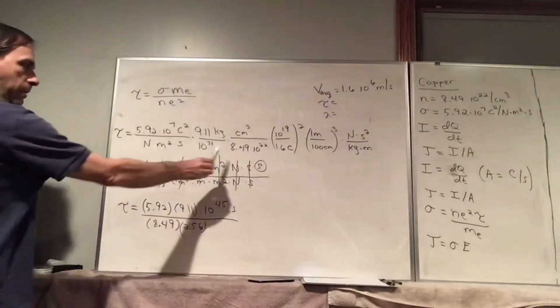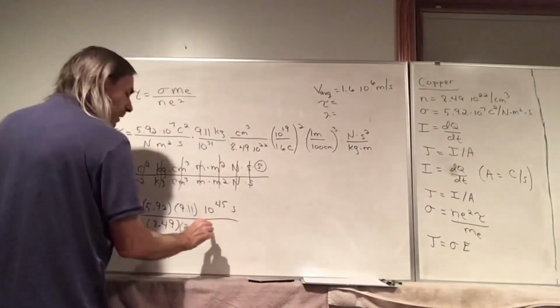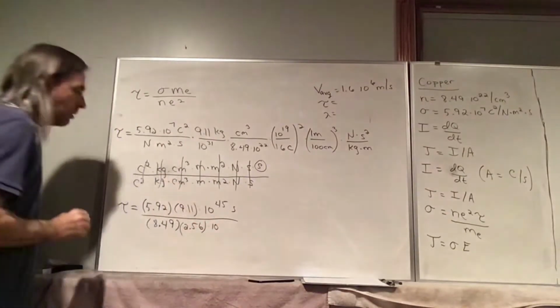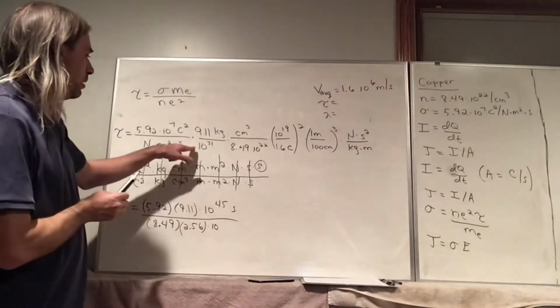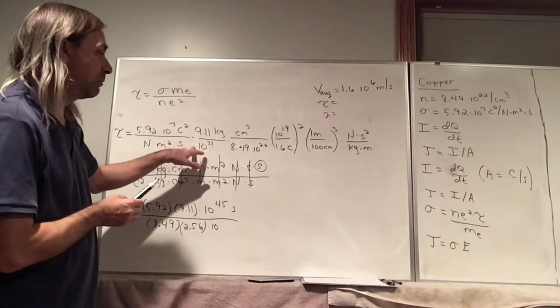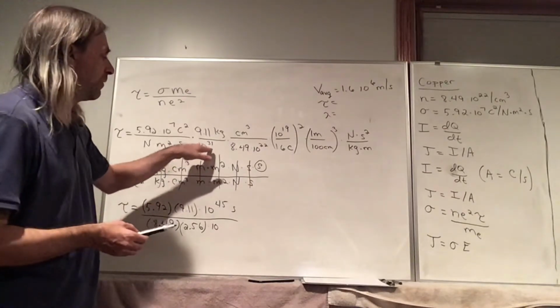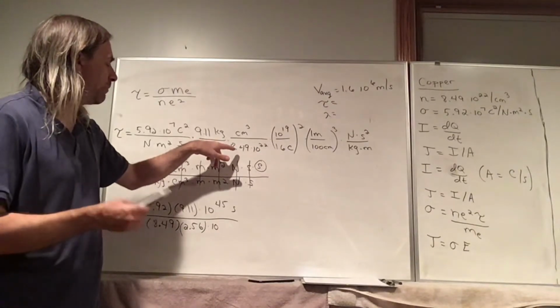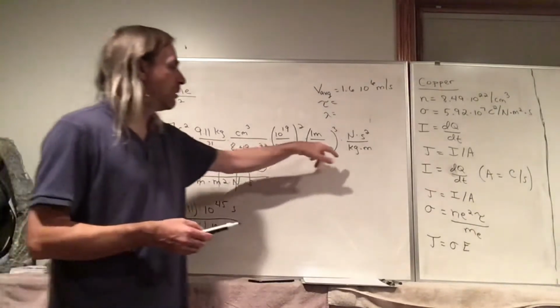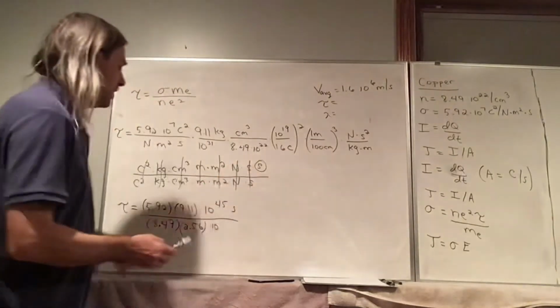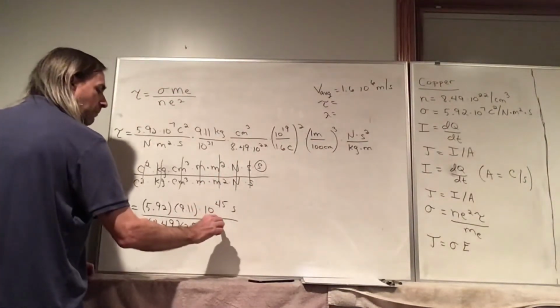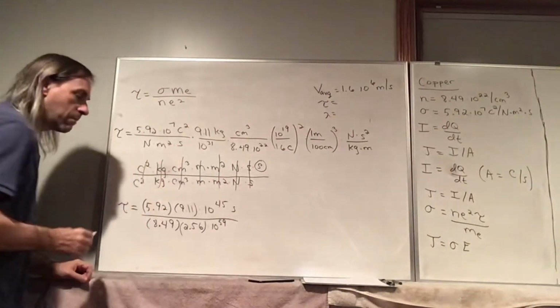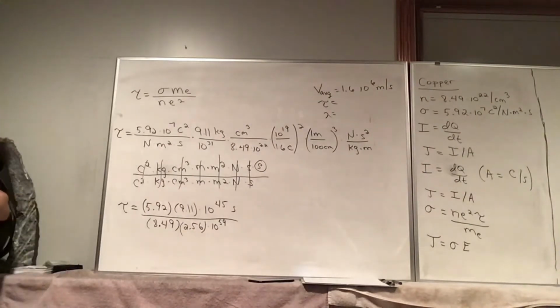And so we've got that, and then times 10. Let's see. Oh wow, we have a big number here. We have 31 and 22. So 31, 53 plus 6. So 10 to the 59. So that's a rather large number.